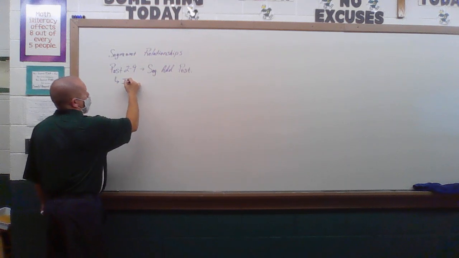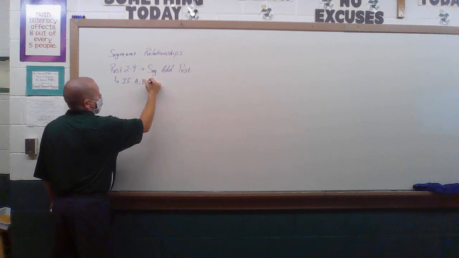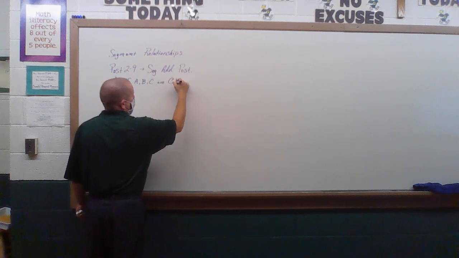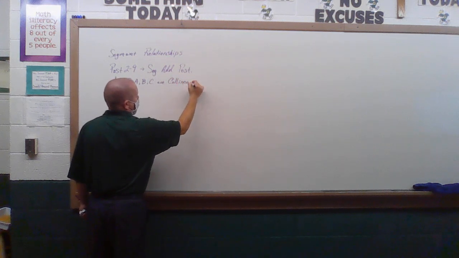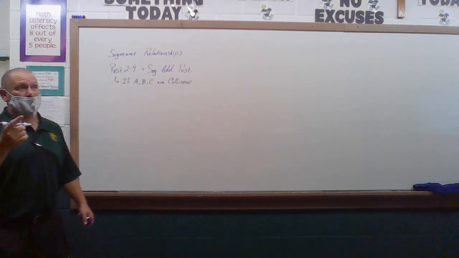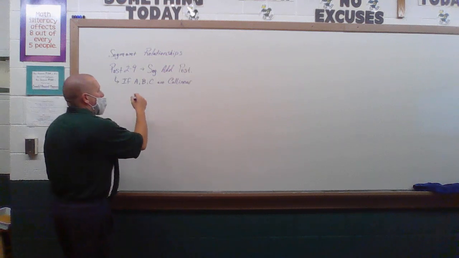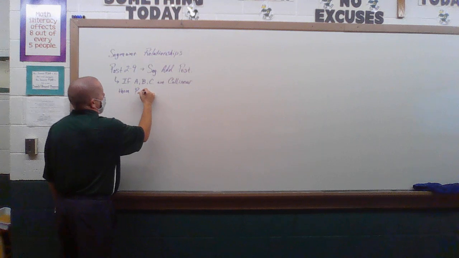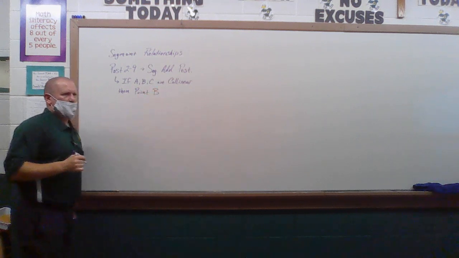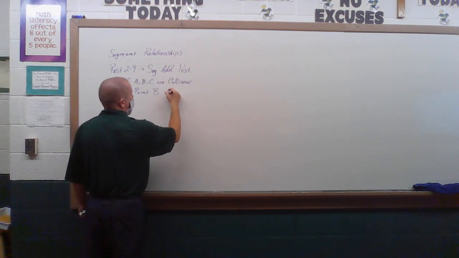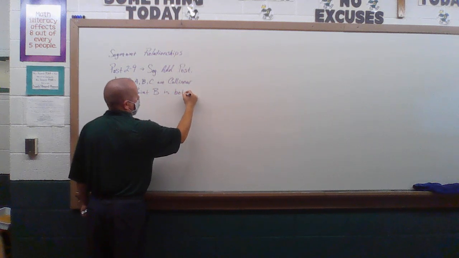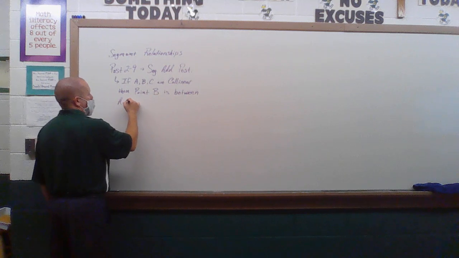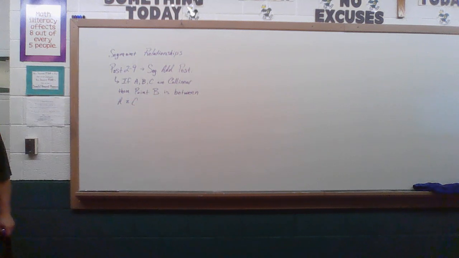I don't really care. We'll write up some of the stuff up here, but you decide what you really want to write down. So, if A, B, C are collinear, what's that mean? They're on the same line, right? Then point B is between A and C. Here's something we're going to introduce you to today.